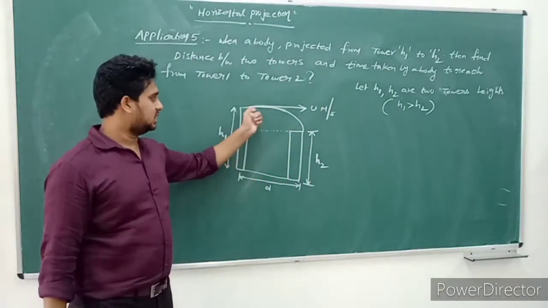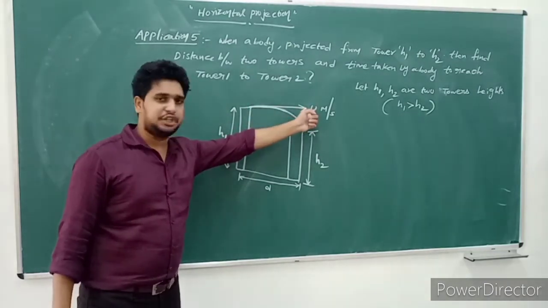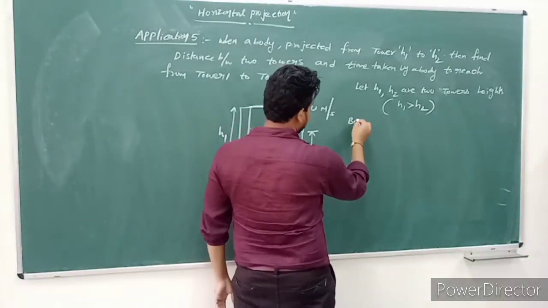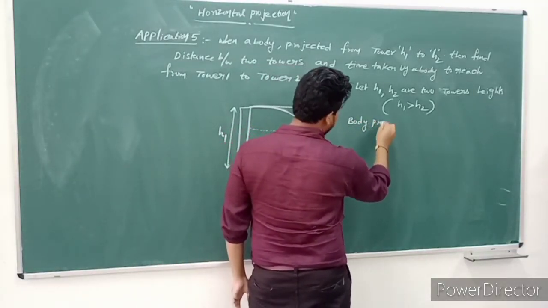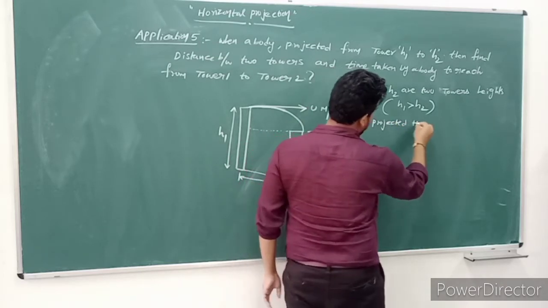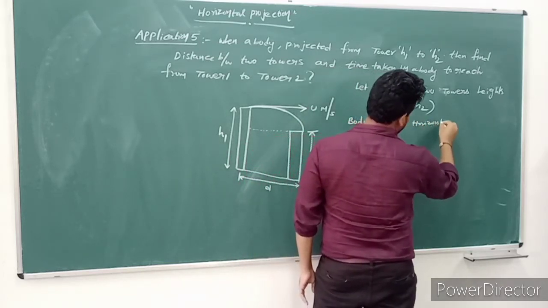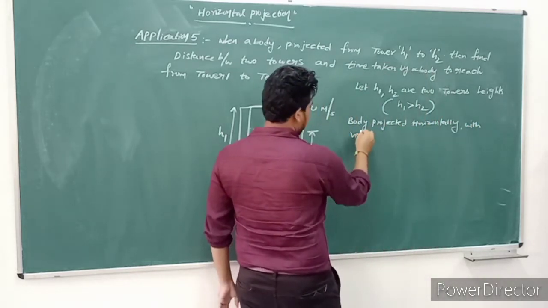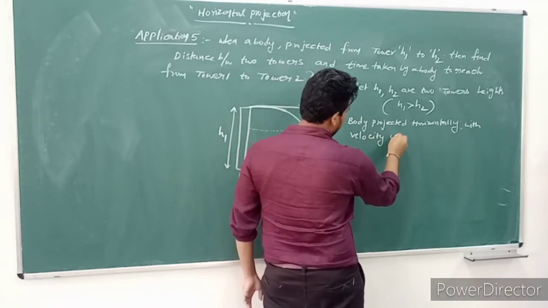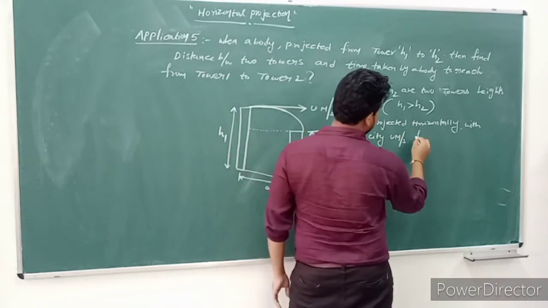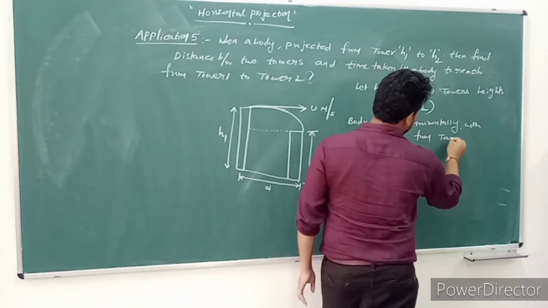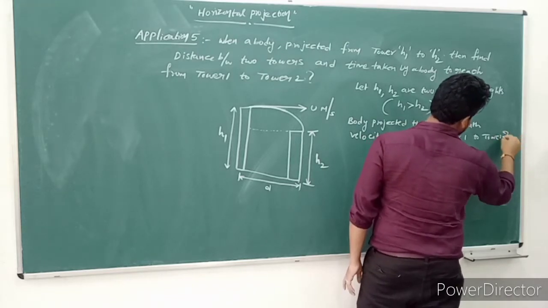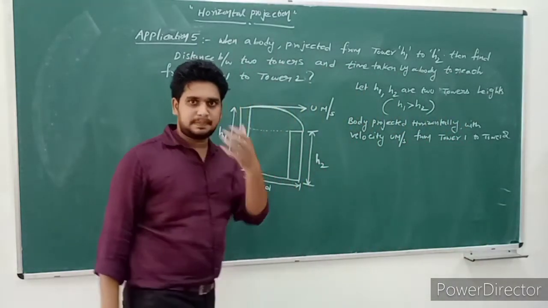So the body is projected horizontally with velocity u meter per second from tower 1 to tower 2.